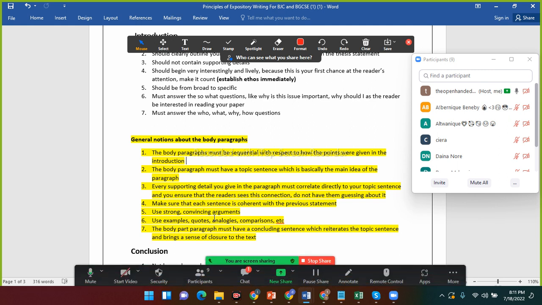All right. So you need to have a sensible topic sentence. A topic sentence tells me what your paragraph is going to be about. When I read that topic sentence, I should have an understanding of the flow of your entire paragraph just from reading it. So you need to have those topic sentences in your body paragraphs.